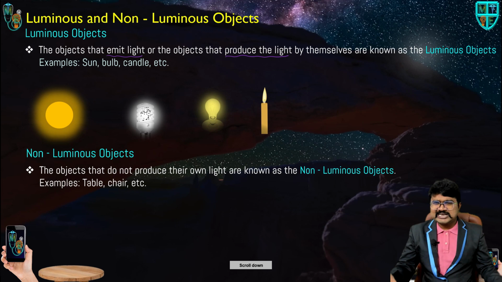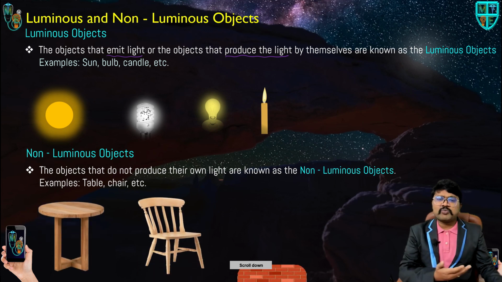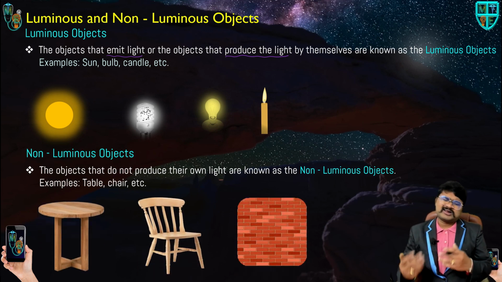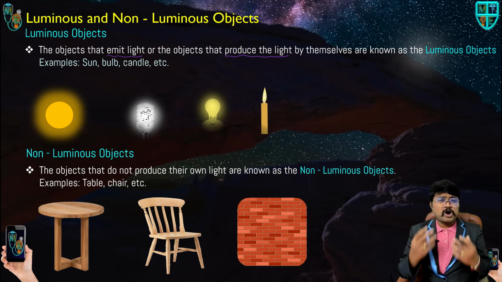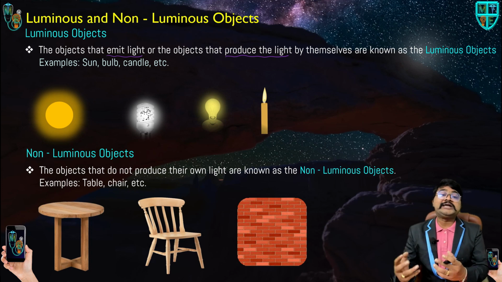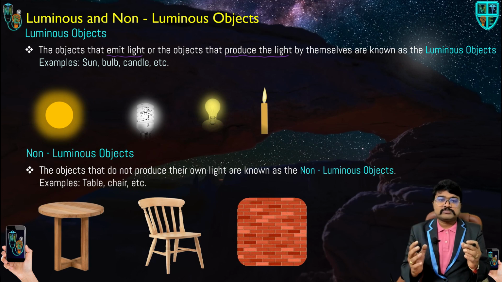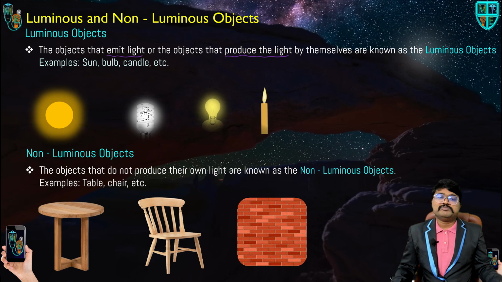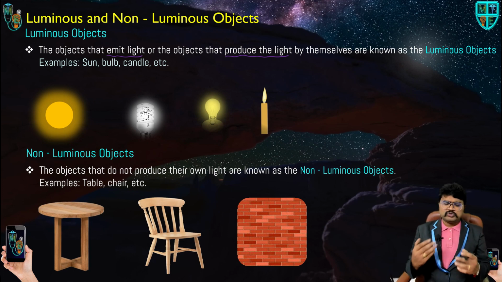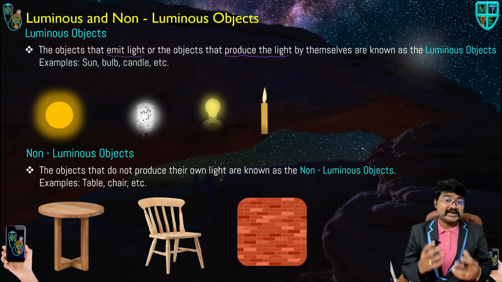For example, chair, bench, table, and wall. Whatever object is not producing or emitting light is called a non-luminous object. So these are the two different types of objects we need to study in geometrical optics.